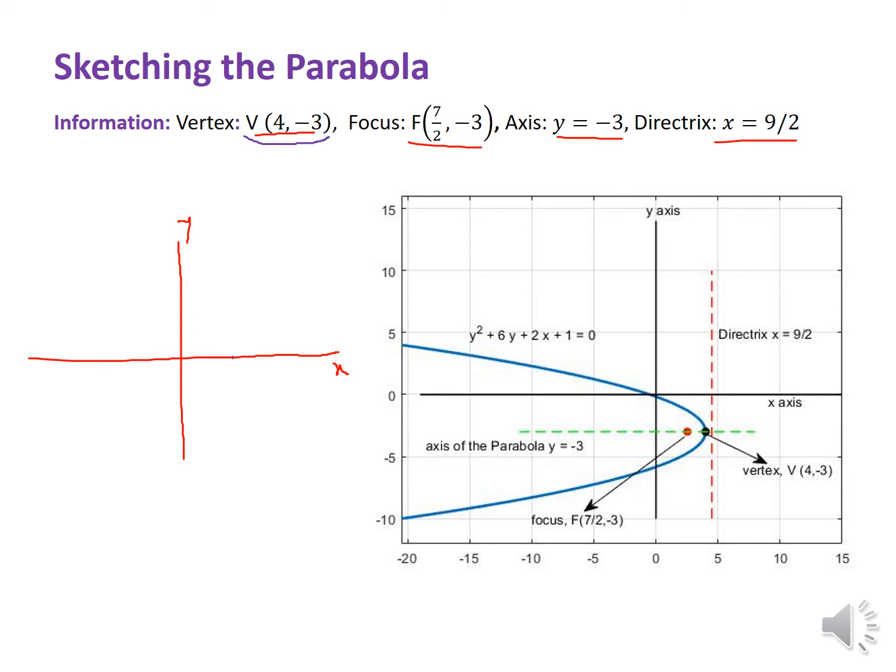Look, the vertex is what? (4, −3). So this is our 4, and this is our −3. So this is the position for the vertex, and the focus is (7/2, −3). So say this is the position for the focus.